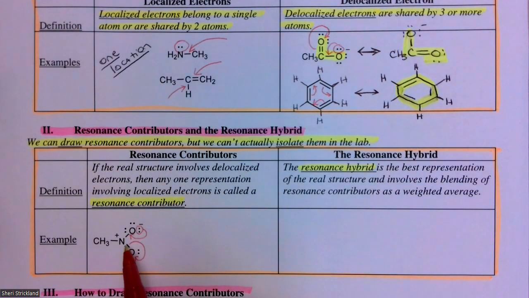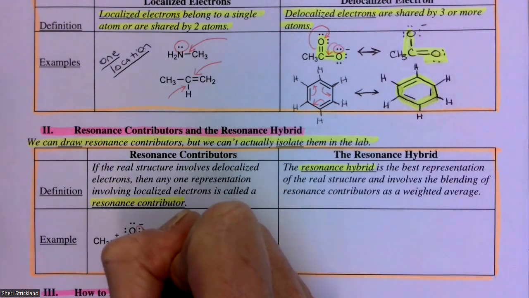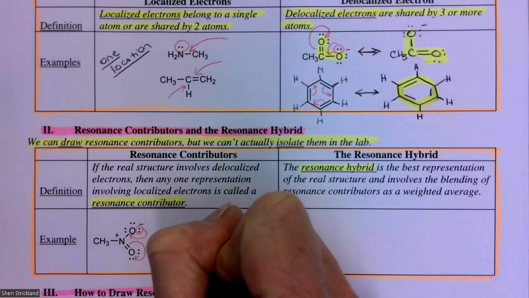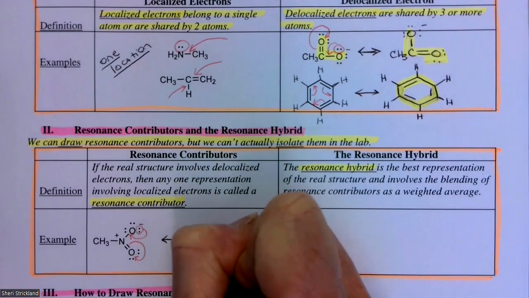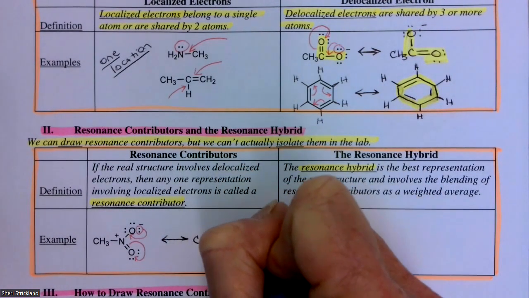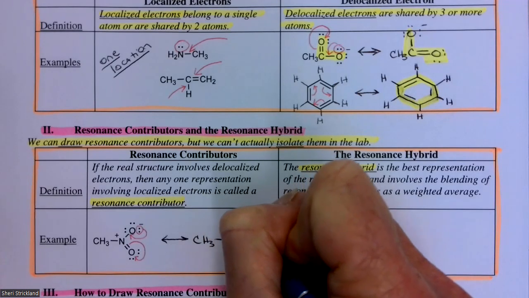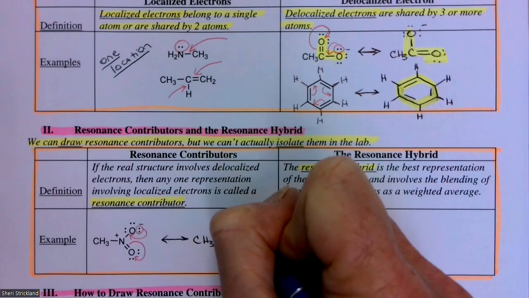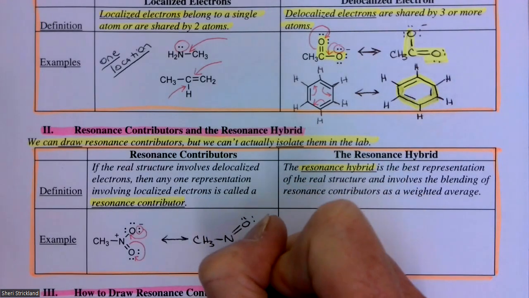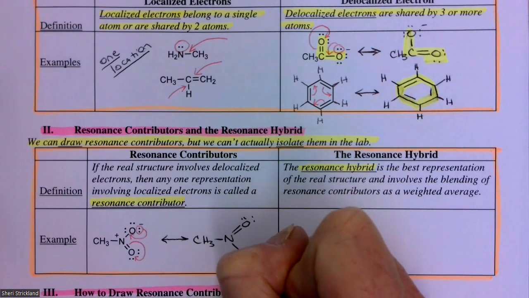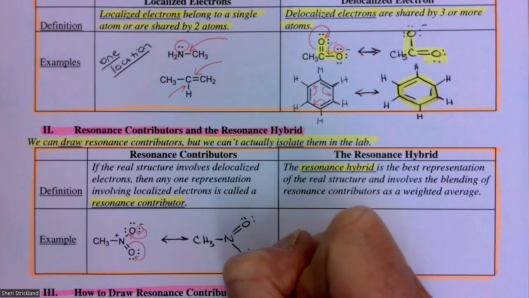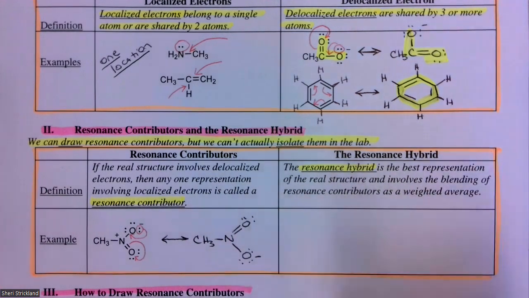So this pair of pi electrons becomes a pair of non-bonding electrons on this oxygen. And in fact, when people measure the nitrogen-oxygen bond length in the nitro group, they find that it's about a bond and a half. It's intermediate in length between a nitrogen-oxygen single bond and a double bond.